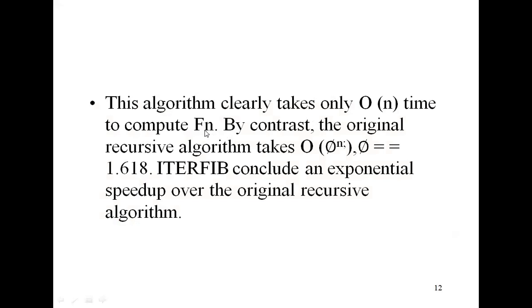By contrast, the original recursive algorithm takes big O of phi power n. That means phi is some constant value, maybe 2, for example. Big O of 2 power n is exponential time. So the recursive algorithm takes exponential time, whereas our iterative algorithm for the Fibonacci series takes linear time, big O of n.